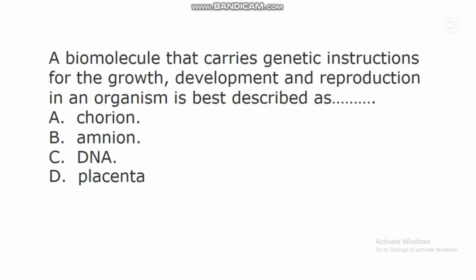C. DNA. D. Placenta. In this question, the correct answer is C. DNA. So DNA is a molecule that carries genetic instructions for the growth, development and reproduction in an organism.